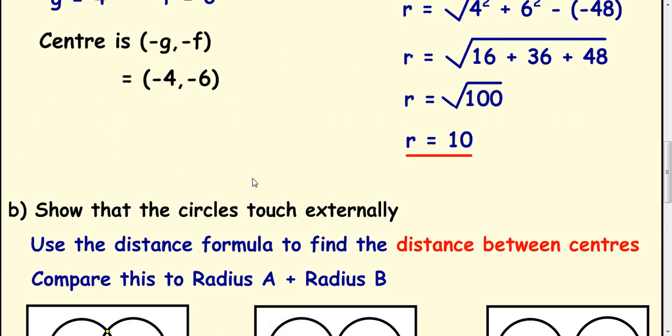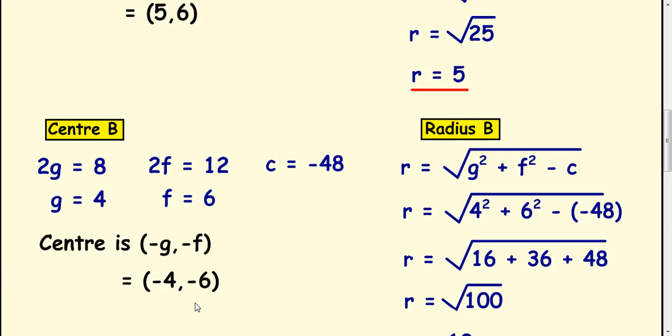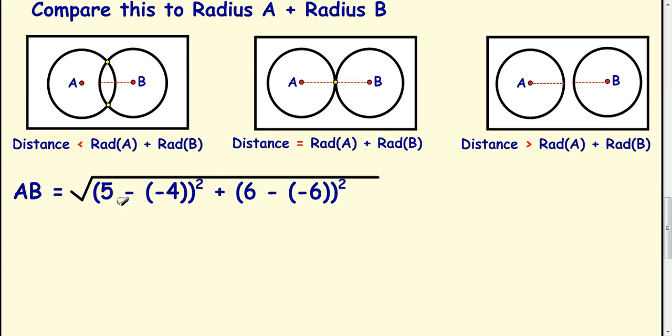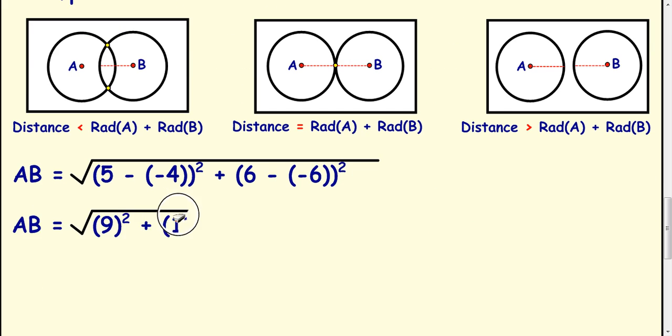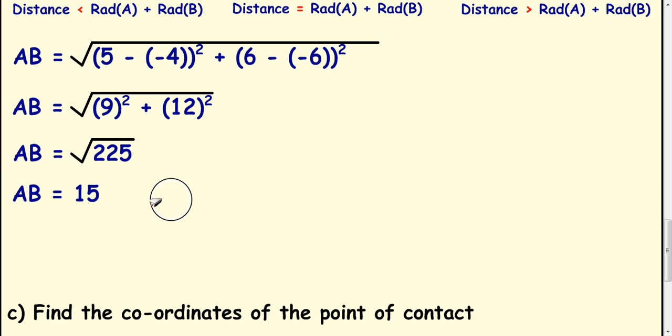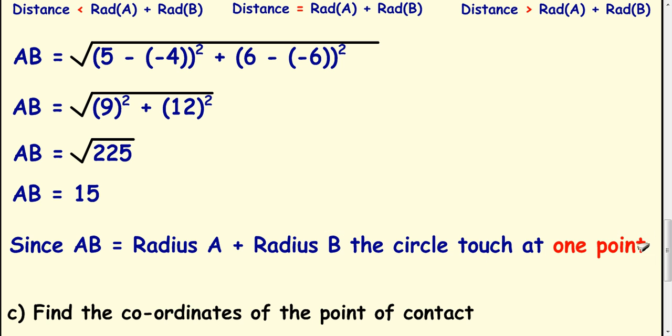And you subtract the y coordinates, the 6 and the negative 6, square them and square root. So 5 take away negative 4, that's going to be 9, and then 6 take away negative 6 is 12. So that's going to come to square root of 225, which is 15. Restatement: since AB is equal to radius A plus radius B, the circles touch at one point.